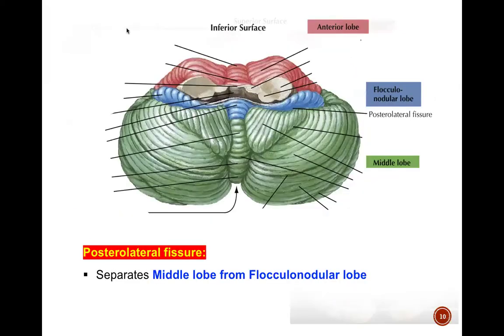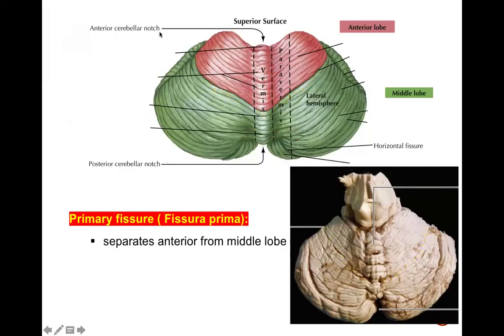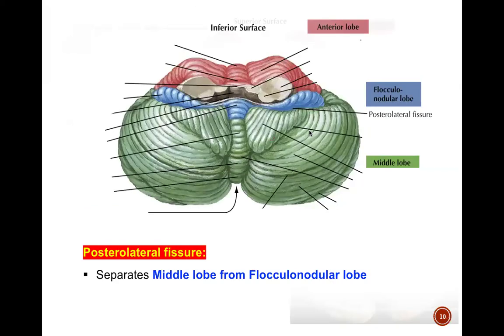If you see here in this region, the primary feature is present in the superior surface, and in the superior surface the cerebellum is divided into two parts by this feature. The anterior part is called the anterior lobe and the posterior part is called the posterior lobe. So it separates the anterior lobe from the posterior lobe.